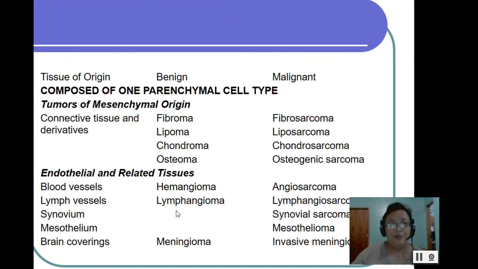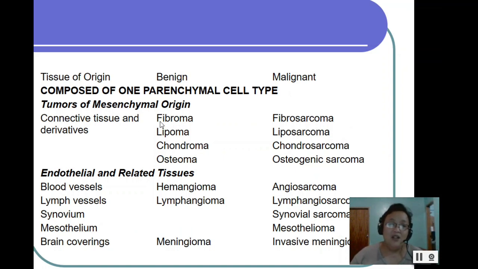Now, to classify tumors, we use the terms benign and malignant. We will discuss what is benign and what is malignant later on. But in the nomenclature, you have to classify what parenchymal cells it is coming from. Remember when we were discussing mesoderm? Mesoderm is coming from your mesenchyme, so these are connective tissue origin, di ba?